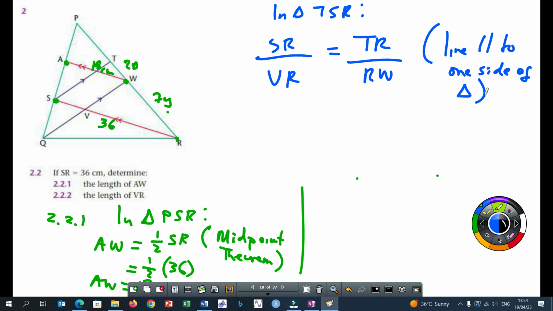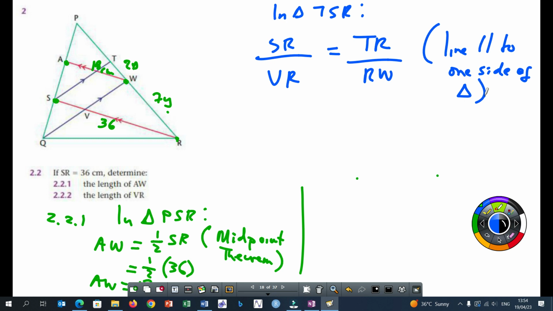Or you can write proportion theorem, but you have to state the lines that are parallel. Again, with regard to the reason, it's your choice. I'm not going to prescribe which reason you are supposed to use, but both of them will be acceptable.